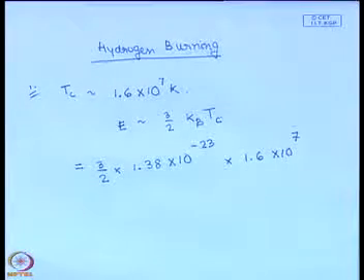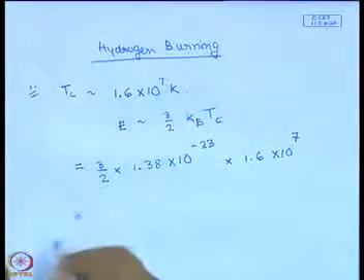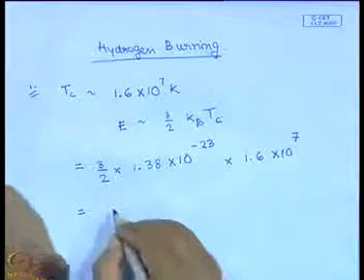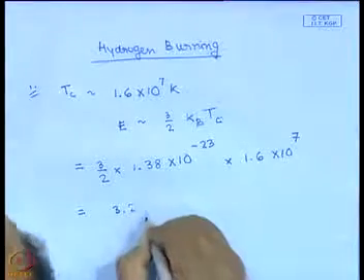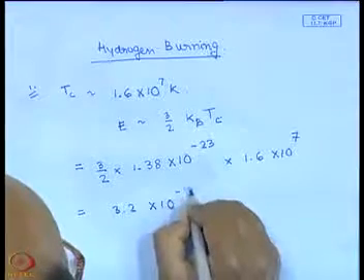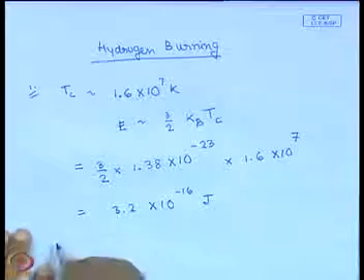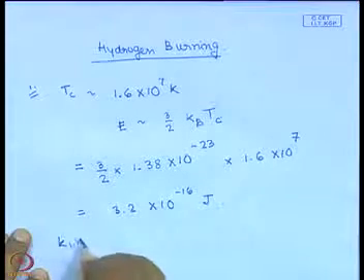That is the value of the temperature, and if you put in these values and do the calculation, it comes out to be 3.2 into 10 to the power minus 16 joules. That is the kinetic energy of the protons.